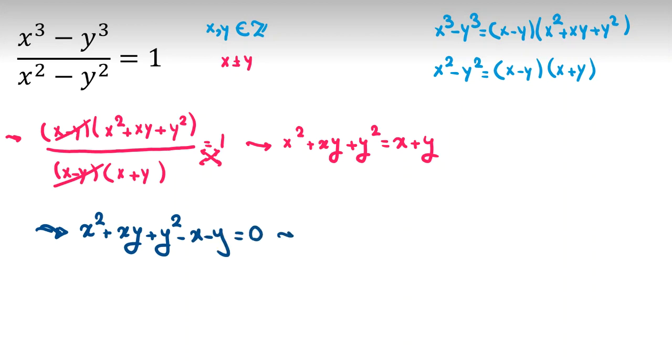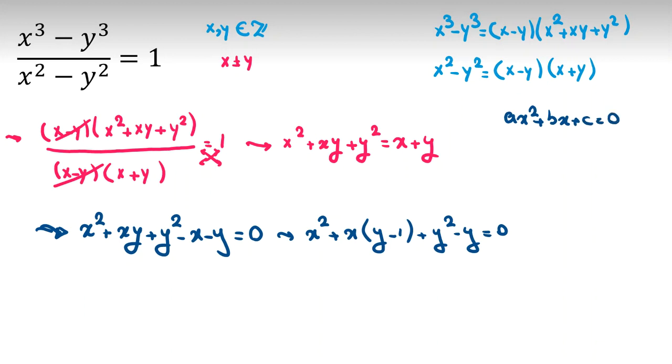So it will be x squared plus x times (y minus 1) plus y squared minus y equals 0. By using the quadratic formula, if you have ax squared plus bx plus c equal to 0, then x equals negative b plus or minus the square root of b squared minus 4ac, all over 2a.